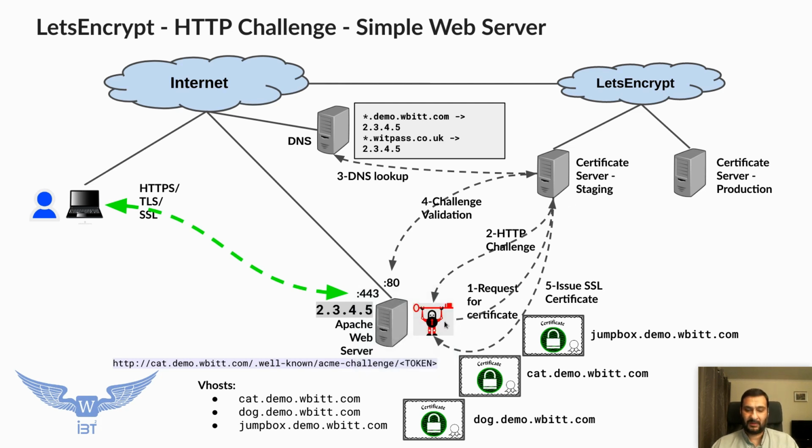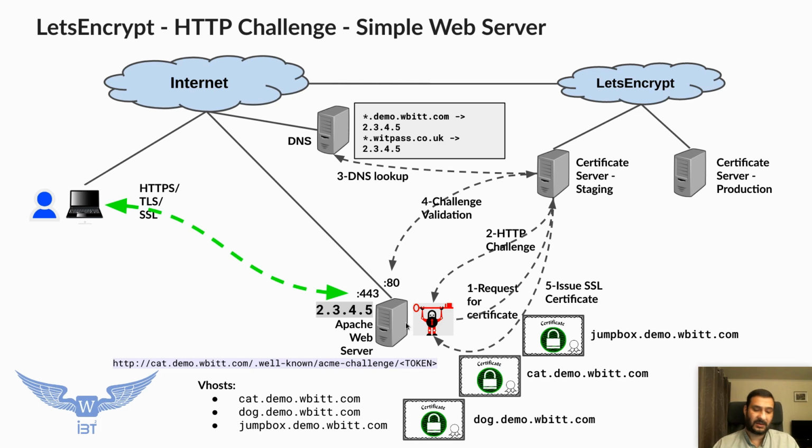All right. So first, the request is sent to the certificate server asking for a certificate. The certificate server in turn sends an HTTP challenge all the way to certbot, saying here is a challenge which you must fulfill in order to get the certificate.